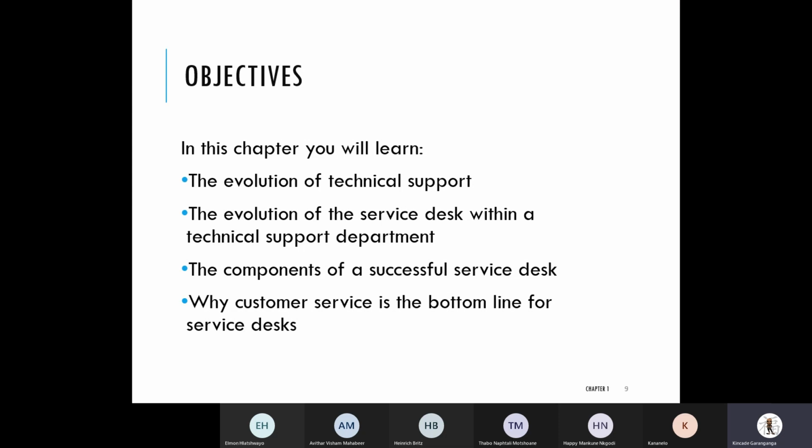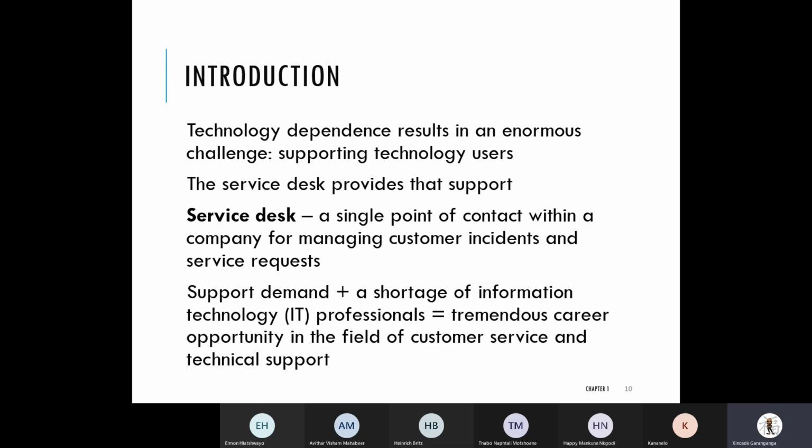More or less what we discussed in the breakdown of the learning unit: the evolution of technical support, what is happening within the service desk in technical support department environments, the components of a successful service desk, and lastly the bottom line, why it is relevant and how it affects you providing the appropriate service desk environment.